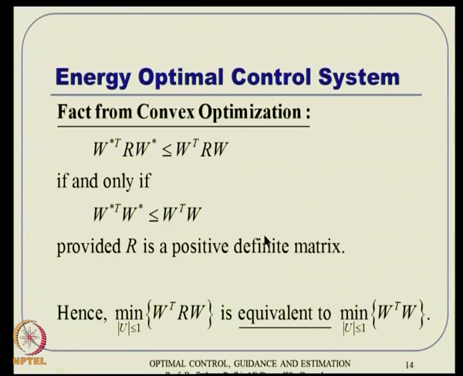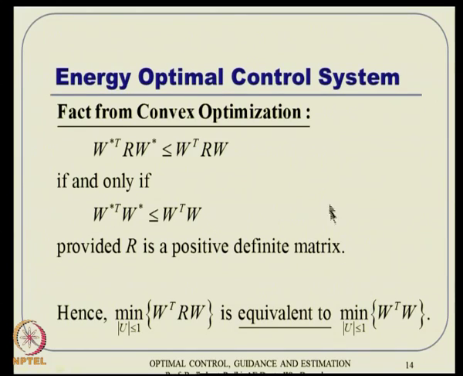R doesn't matter so much, as long as R is a positive definite matrix. And utilizing this fact, minimization of this quantity subject to this constraint is equivalent to minimization of that quantity subject to this constraint. So, this is a critical observation.